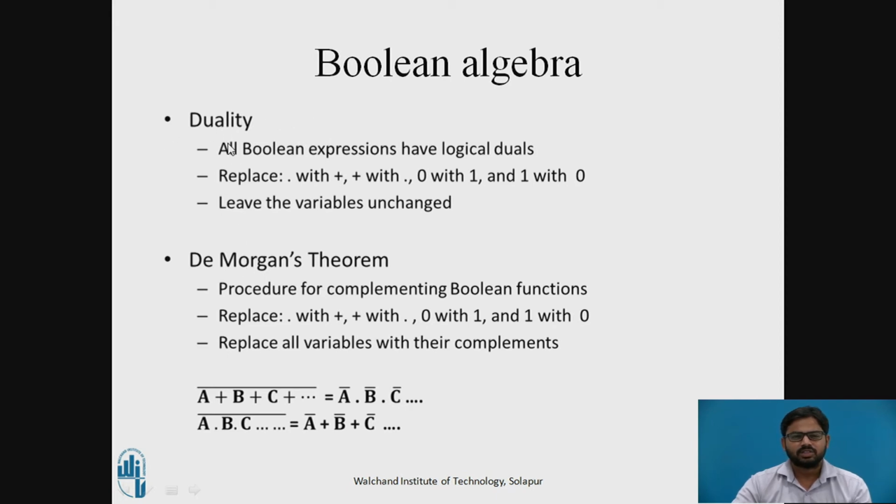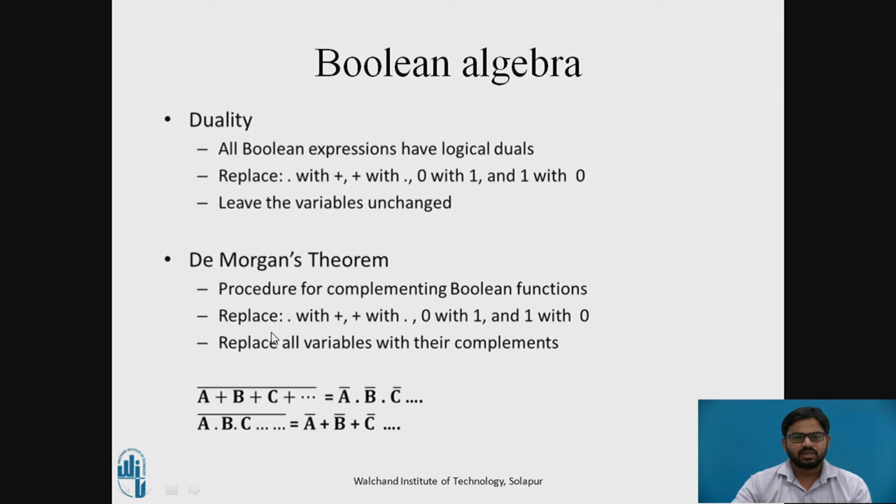First is the duality theorem and other is De Morgan's theorem. All Boolean expressions follow the duality theorem. In duality, a plus, that is OR, is replaced with the dot, 0s are replaced with 1 and 1s are replaced with 0s, and variables remain as they are.